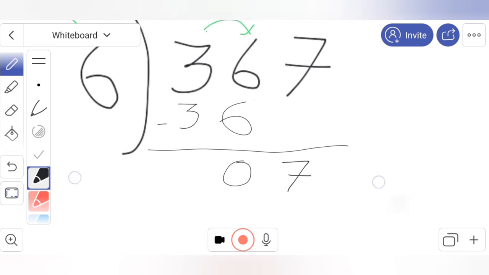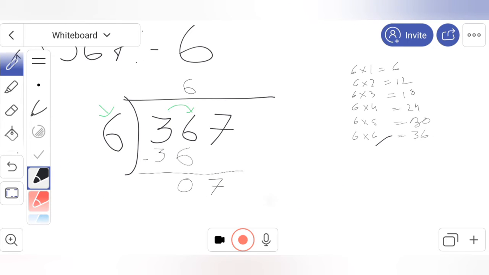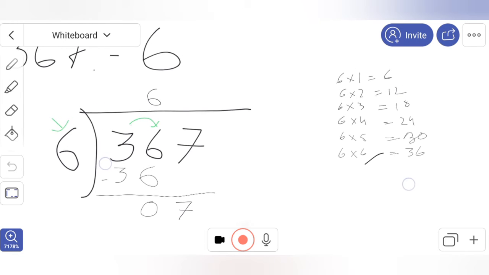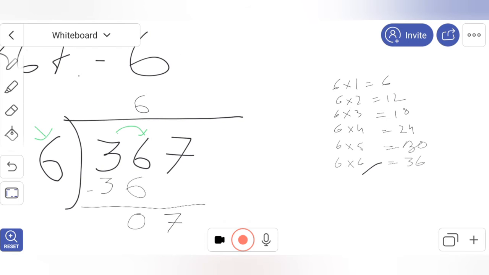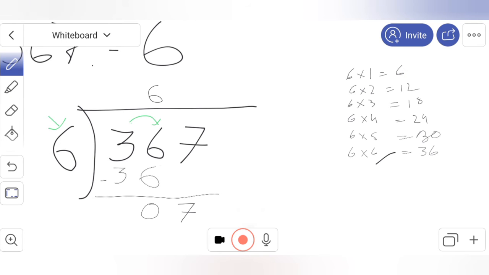Then now 6 and 7 you have to multiply. So we cannot write the bigger number, okay? But we can write the lesser number. So now go to the 6 table, whether you will get 7 or not. So you see here, 6 1 is 6, and 6 2 is 12. So 12 is greater than 7, so we cannot go to 12.